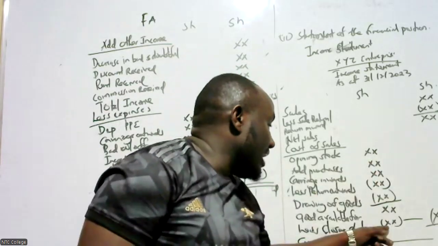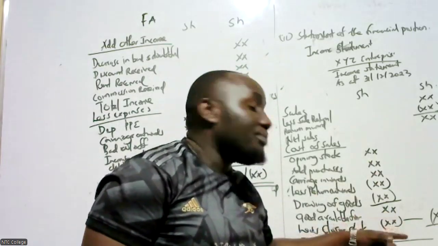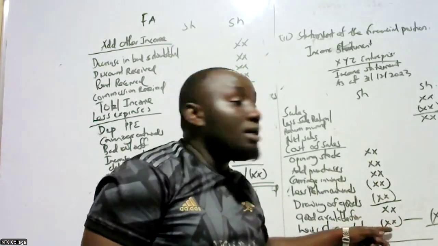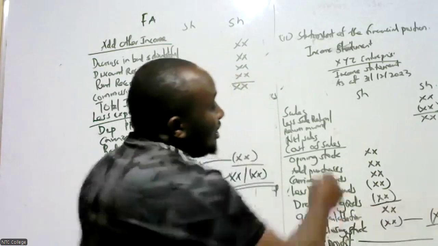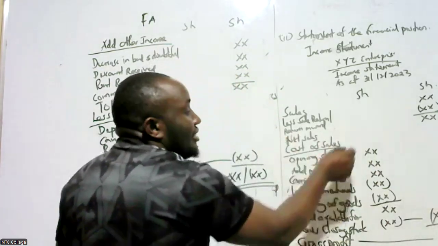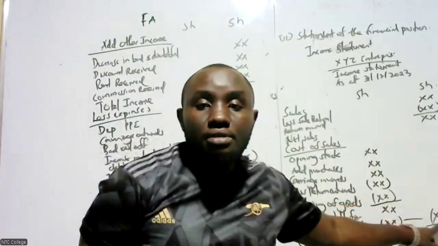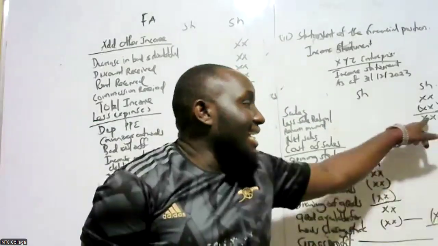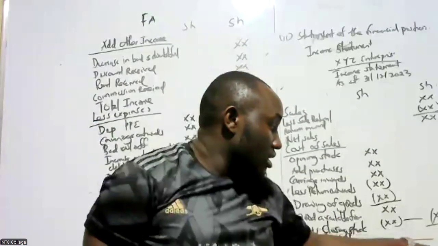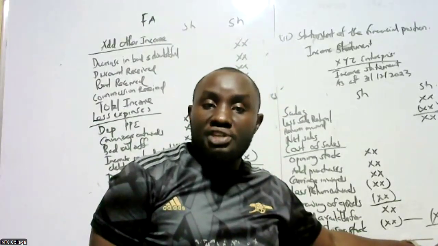Okay. So when you less, these are goods available for sale. Then when you less closing stock, we get what you call the cost of sales. The total for the cost of sales. Do we understand each other? So net sales minus cost of sales, we get what? Gross profit.